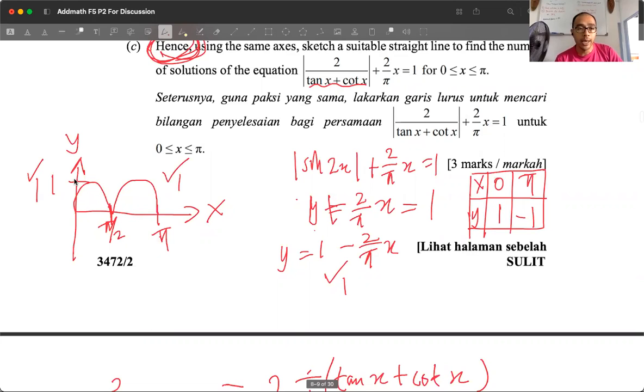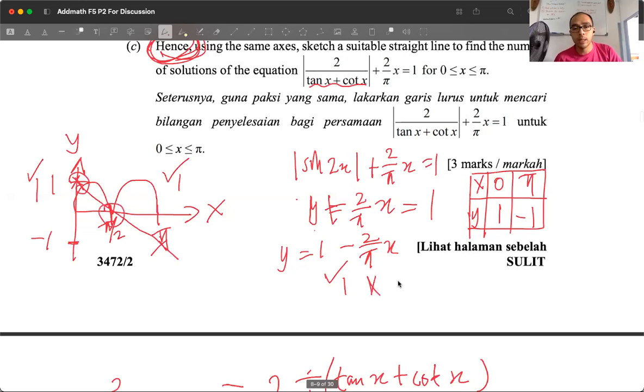So let's plot. X is 0 is over here. Oh, how I wish I can change color. And then negative 1, so we may have to write this negative 1 over here. When you draw the line, you will get two solutions.